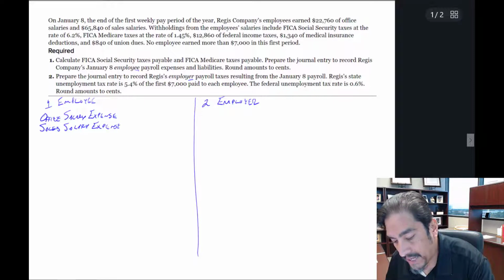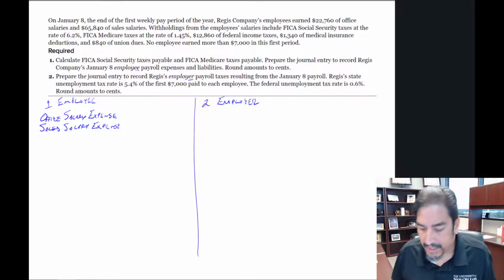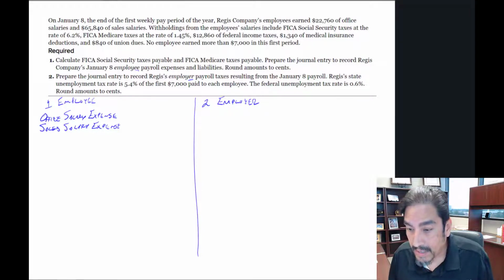Sometimes the problem will just have salary expense or salary and wage expense, something like that. Both of these are expense accounts. We're increasing them, so we're going to debit them.